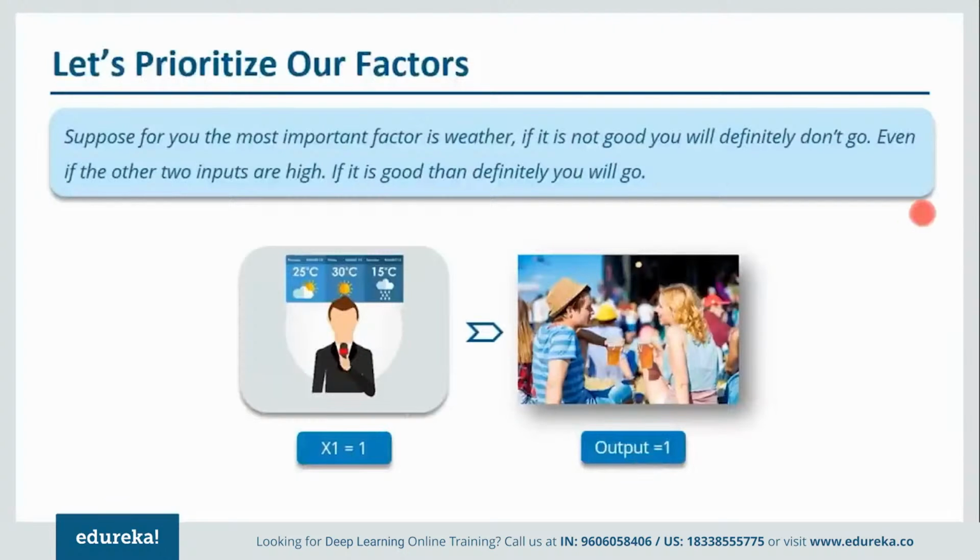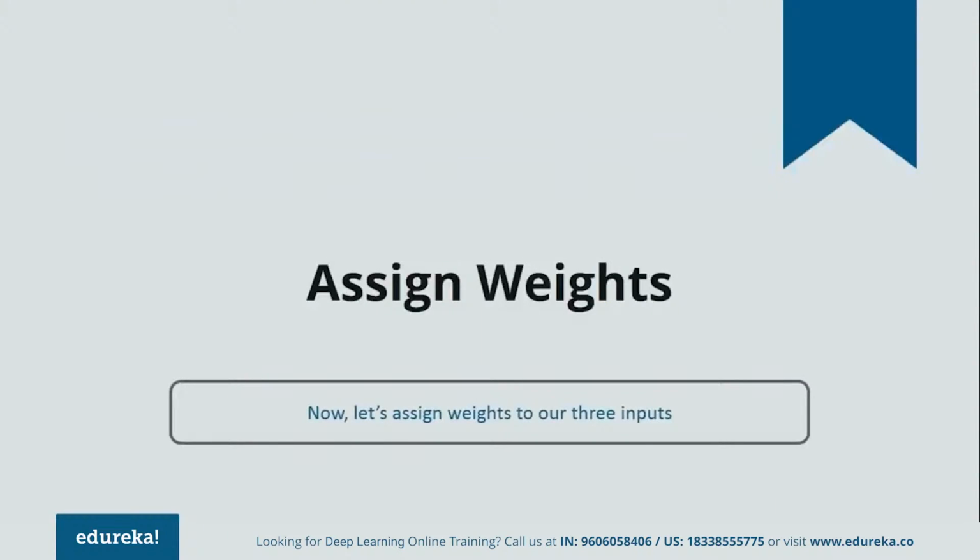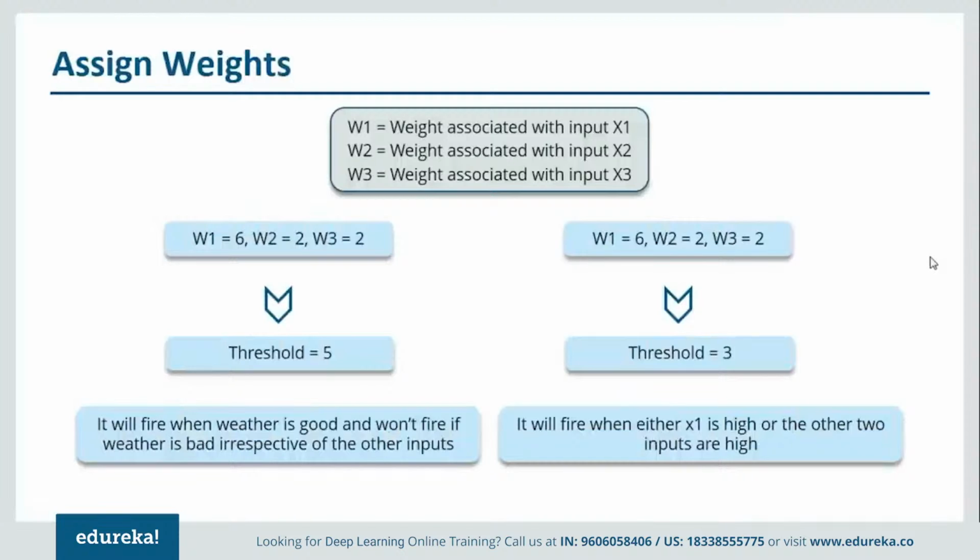So how do we prioritize our factors, or how do we give more importance to a particular input and less to another input in a perceptron or in a neuron? We do that by using weights. We assign high weights to the more important inputs, and we assign low weights to those inputs which are not that important for us. So let's assign weights, guys. Weight W1 is associated with input X1, W2 with X2, and similarly W3 with X3.